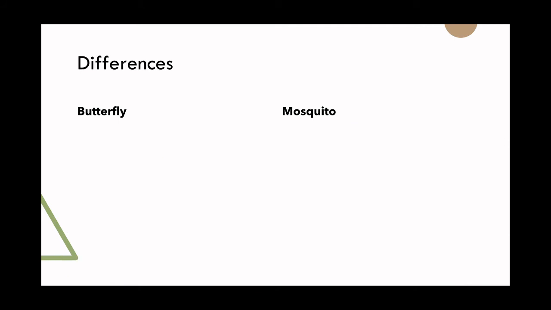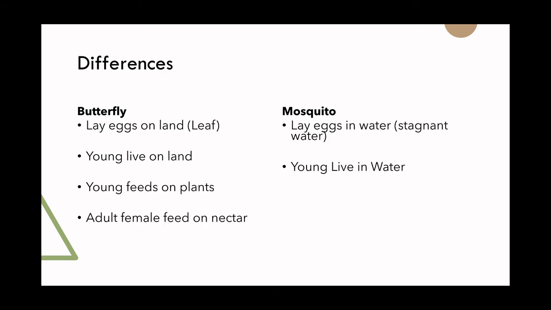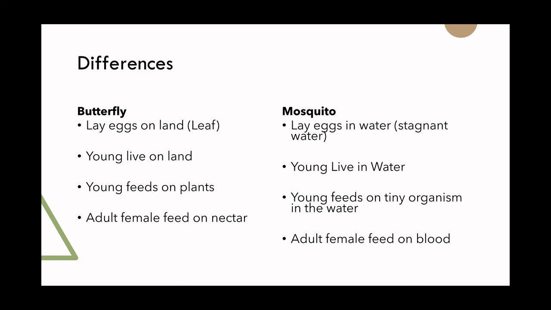Okay, on the next slide here, we are going to compare them because during exams they often like to compare them. As I was telling you, a butterfly lays eggs on land, basically on a leaf. I'm just going to write down the full thing. The mosquito lays eggs in the water. So that's the main difference. One lays eggs on land, one lays in water.